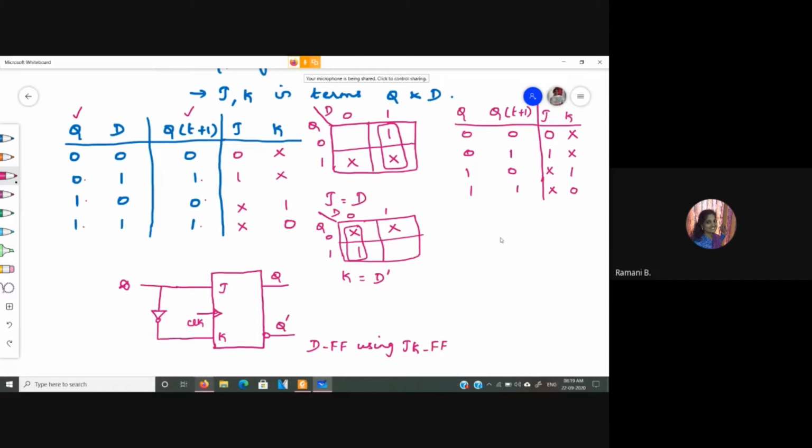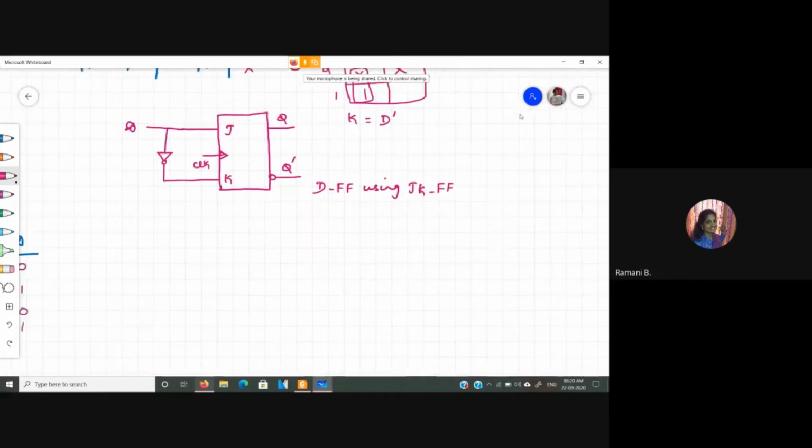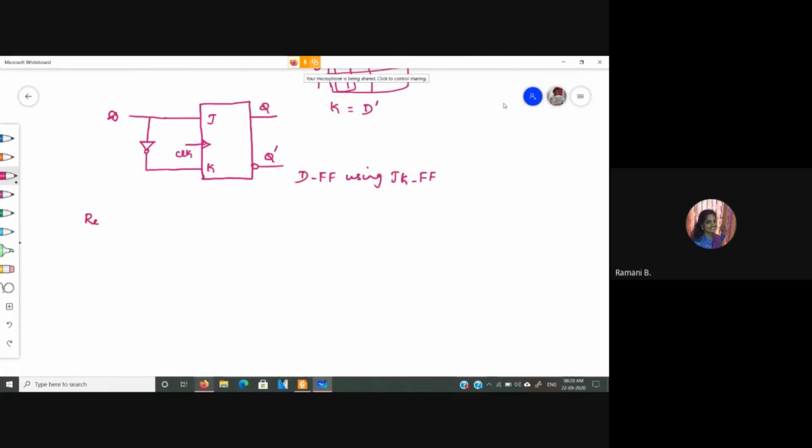So always remember, whatever flip-flop you are asked to implement, you should write the characteristic table of that particular flip-flop, and with respect to the given flip-flop, you should write the excitation table. Maybe we shall see how to realize T flip-flop using JK flip-flop.